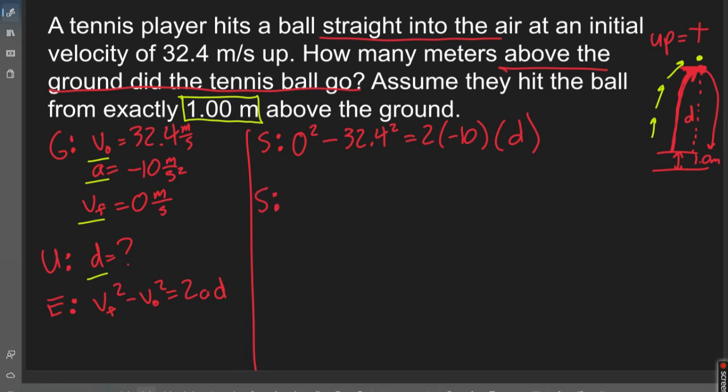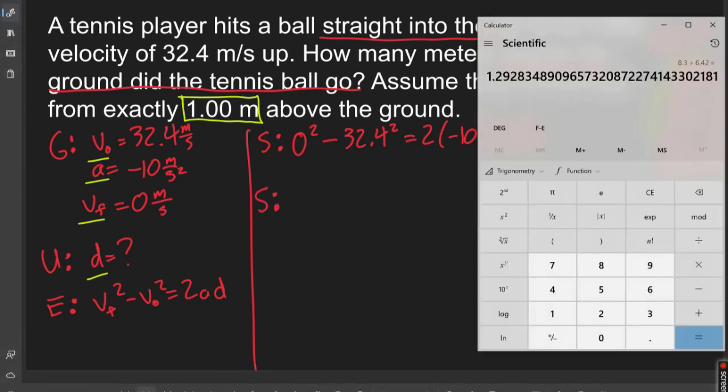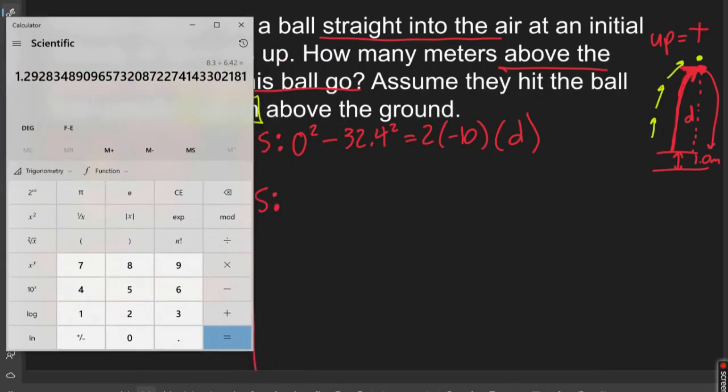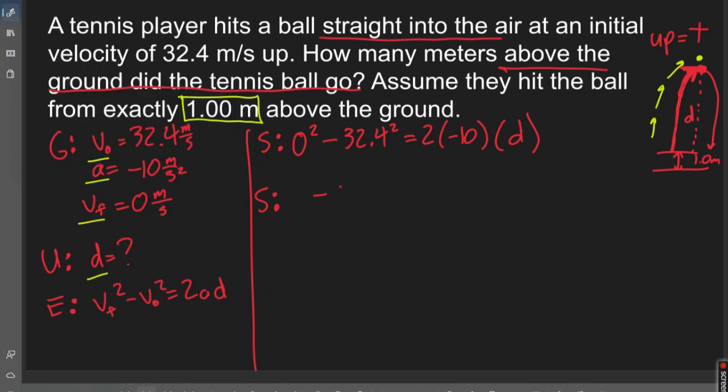Okay, and solve. Well, the 0 squared just goes away. So negative 32.4 squared. Remember we do 3 sig figs, so 1050 is what we'll round that to. So minus 1050 is equal to negative 2 times 10, which is 20 d.